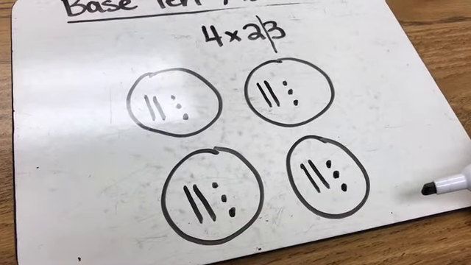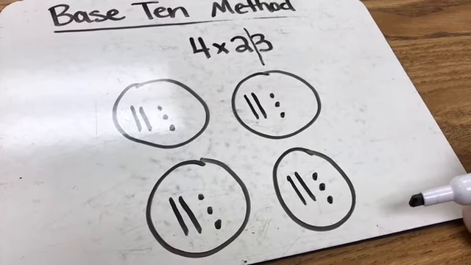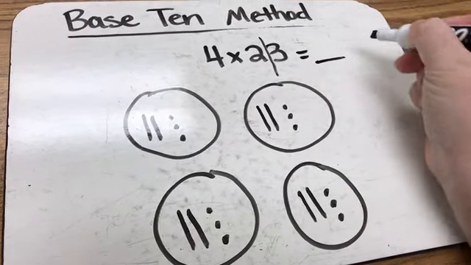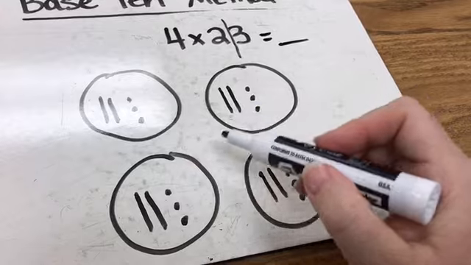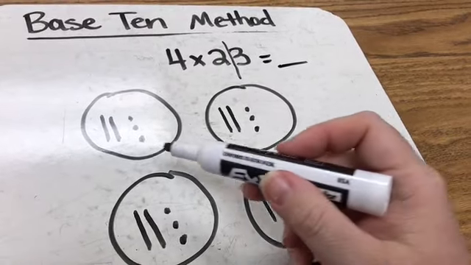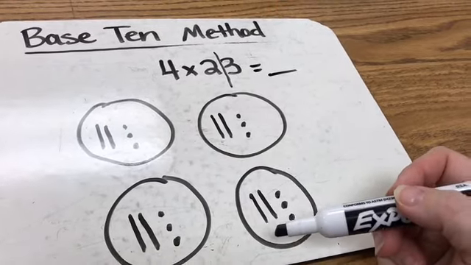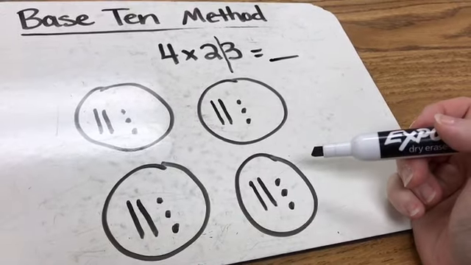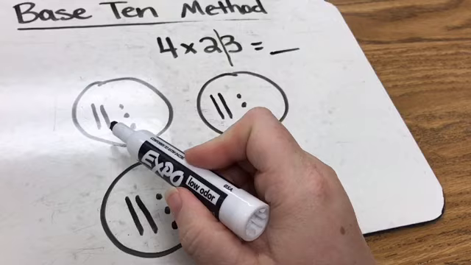And so now I have 4 groups of 23. I still need to solve it though. I still need to add up all of my base 10 blocks to figure out what 4 times 23 is. So I know I can count by 10s, and each of my longs represents 10.